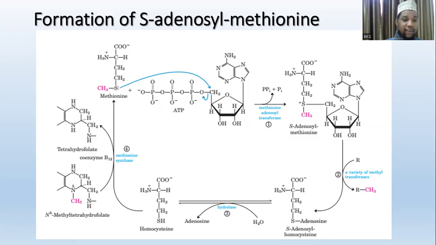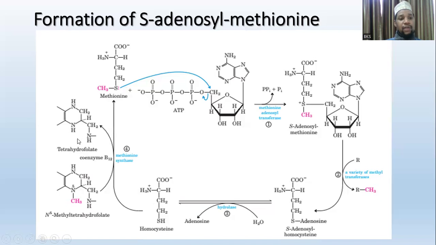This tetrahydrofolate, called N5-methyl tetrahydrofolate, contains the methyl group at N5. Remember, I showed you the N5. This is not the complete structure, but just to show us where the methyl group is attached. It is attached to N5. So N5-methyl tetrahydrofolate now donates the methyl group to homocysteine, catalyzed by methionine synthase to produce methionine.